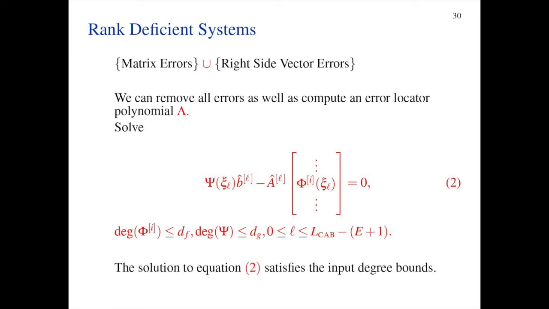So if you remove the matrix errors, then you can just solve the system, and you'll get the error locator polynomial as well as the solution.